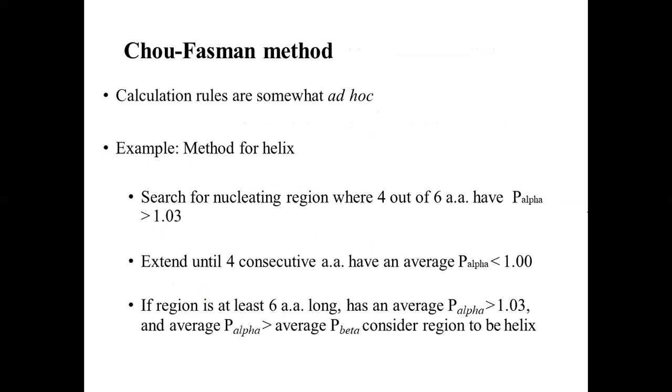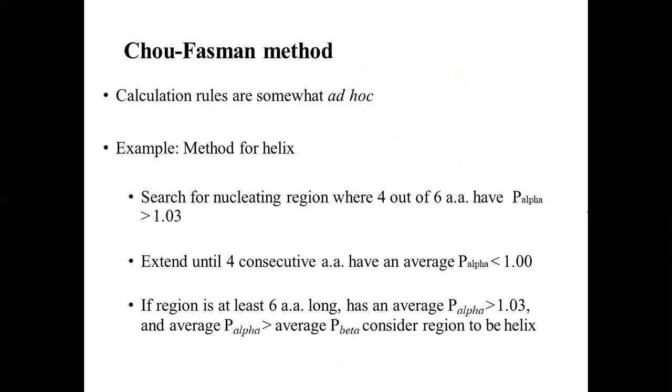So the calculation rules are somewhat ad hoc. The example method for helix is: search for a nucleating region where 4 out of 6 amino acids have P alpha greater than 1.03. Extend until 4 consecutive amino acids have an average propensity of alpha smaller than 1.